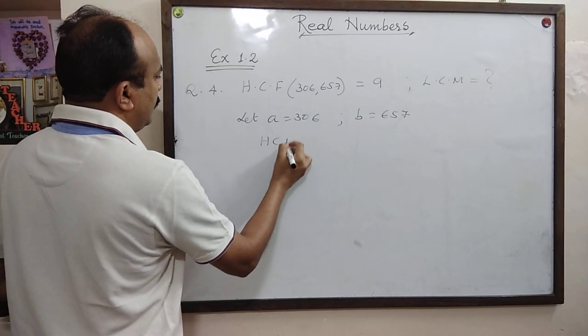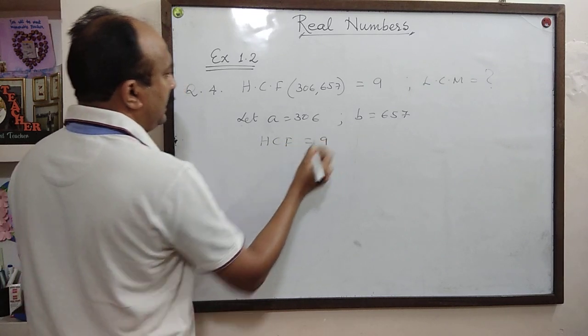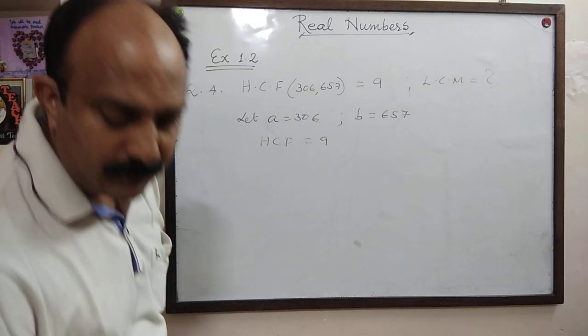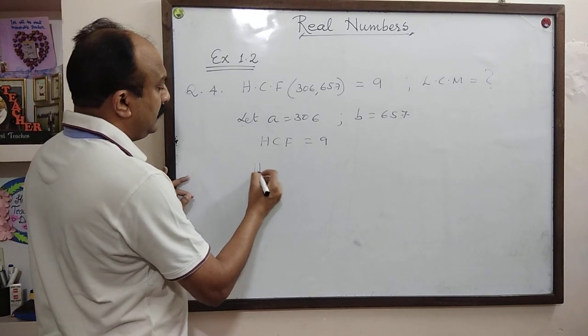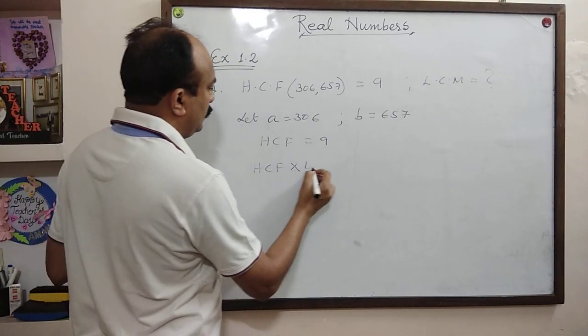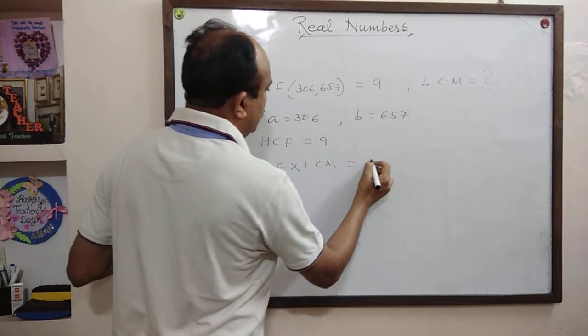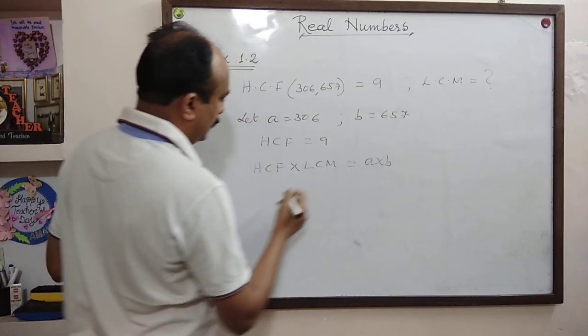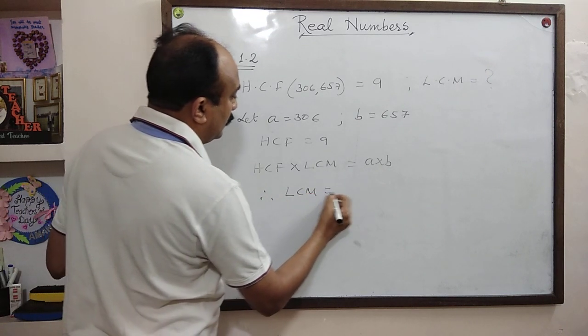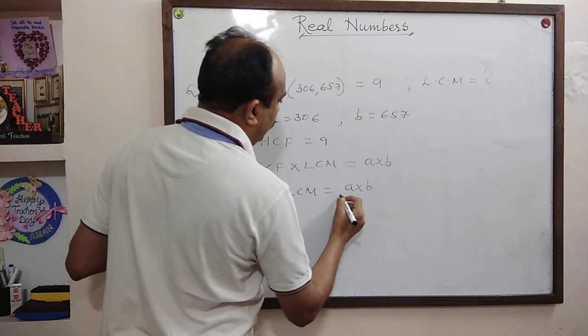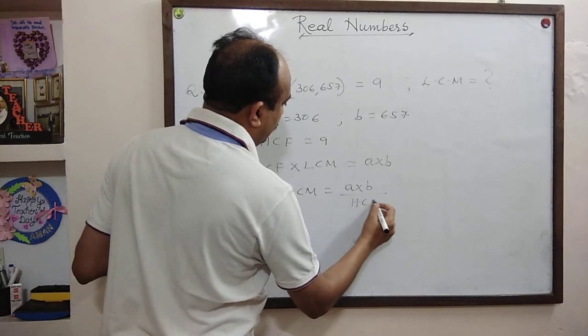HCF is given, 9. LCM is to be found out. We know that HCF into LCM is equal to A into B. Therefore, LCM is equal to A into B upon HCF.